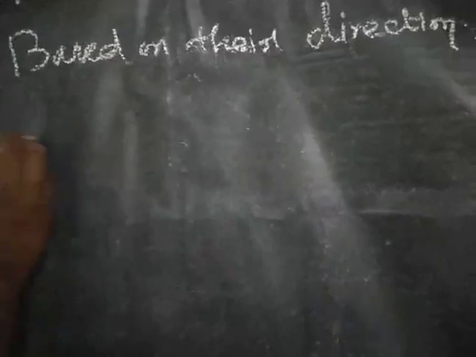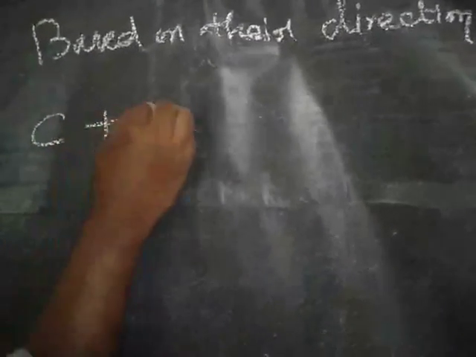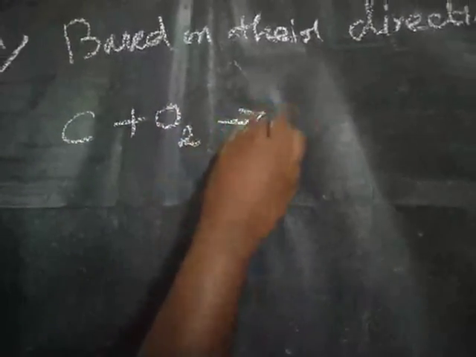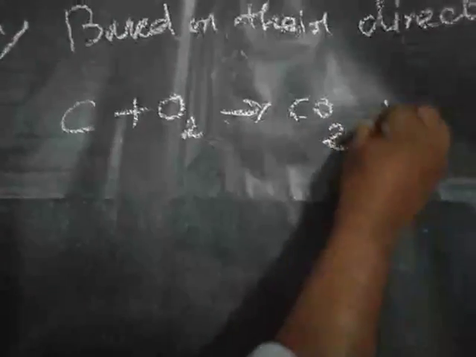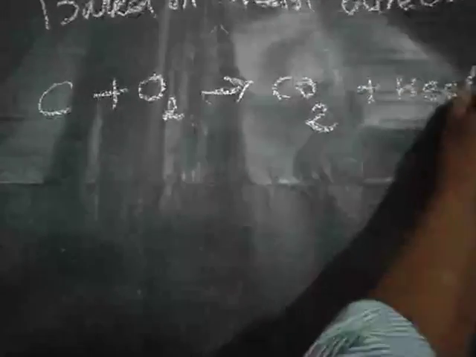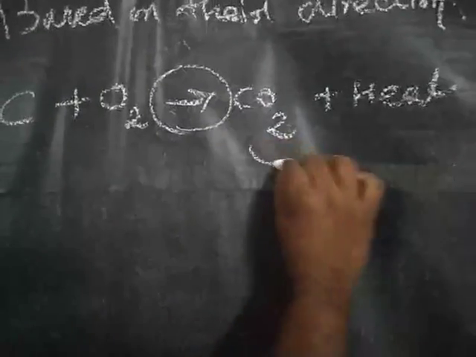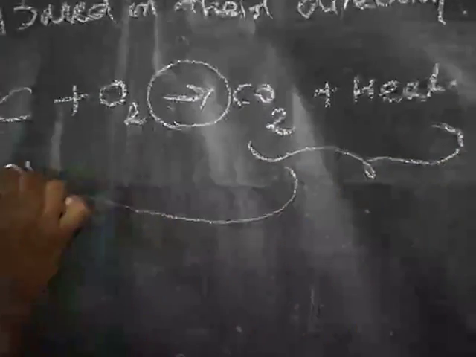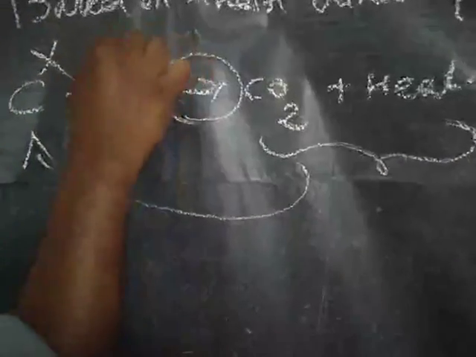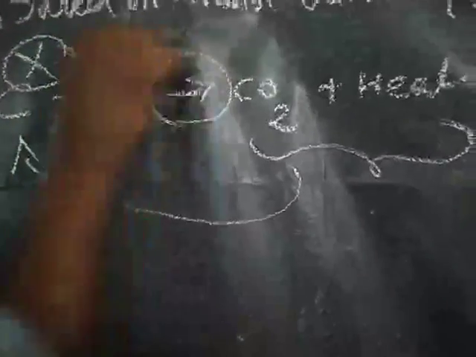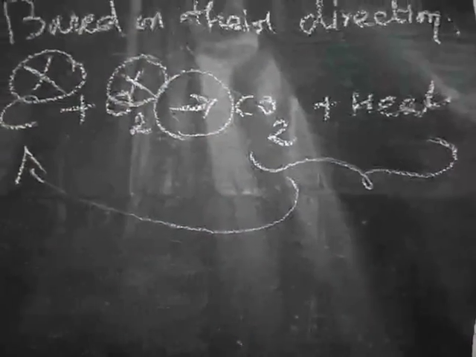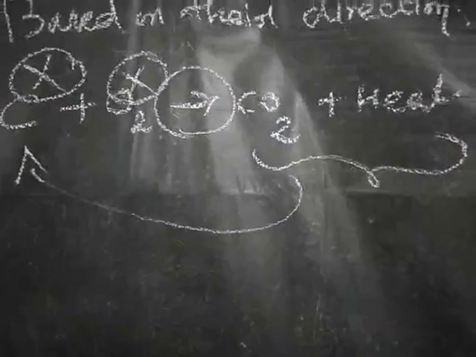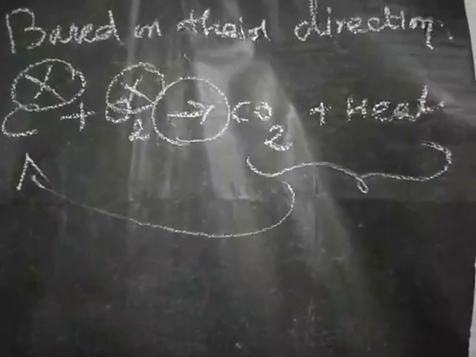Carbon combined with oxygen gives carbon dioxide plus heat energy. This is an irreversible reaction. We cannot get back this carbon and oxygen. So this type of reaction is known as irreversible reactions.